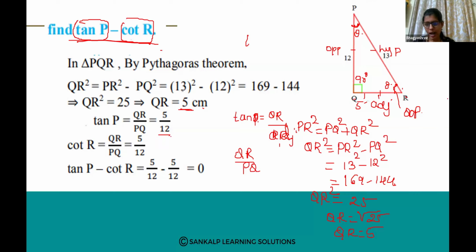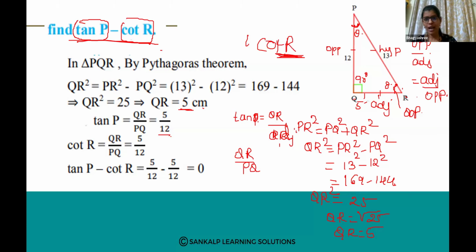Cot R. Cot R means the reciprocal of tan theta. Tan theta means opposite divided by adjacent, so cot theta means adjacent divided by opposite. See here, if they give cot R, where is theta?